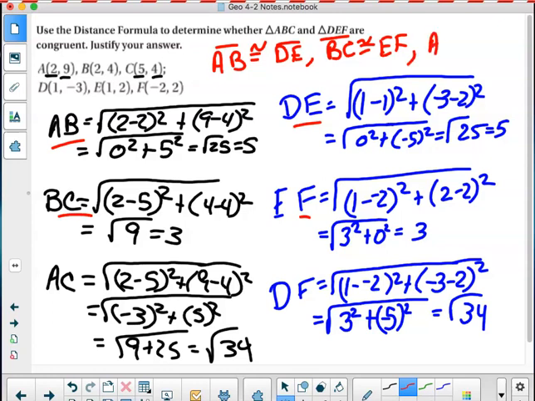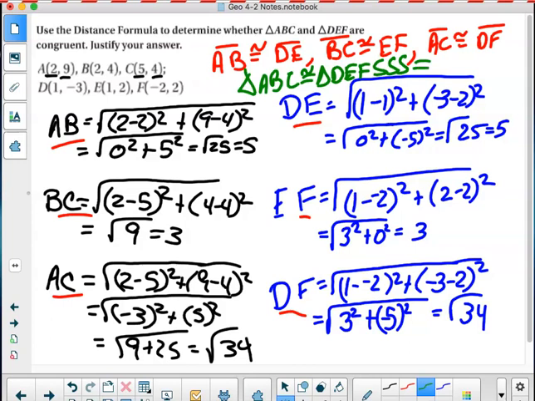And I know that AC is congruent to DF because these have the same measures. All right? Those are facts that we can't get around, right? So I know that triangle ABC is congruent to triangle DEF because of side, side, side congruence. Because I've got all those facts to back me up.